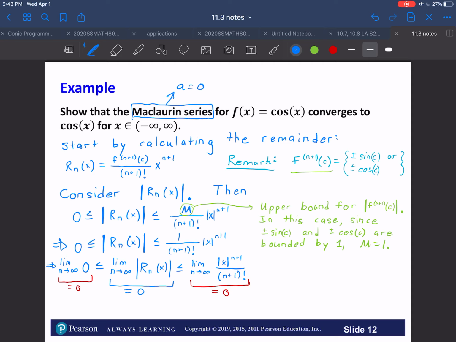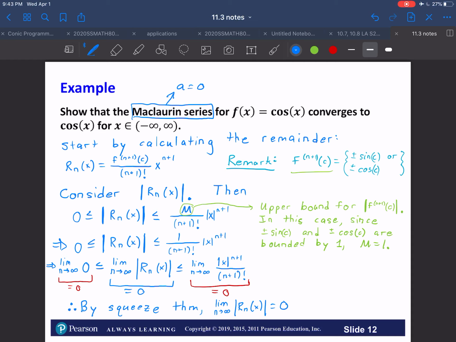And so we conclude by Squeeze Theorem the limit of the absolute value of Rn of x is equal to 0, as desired.